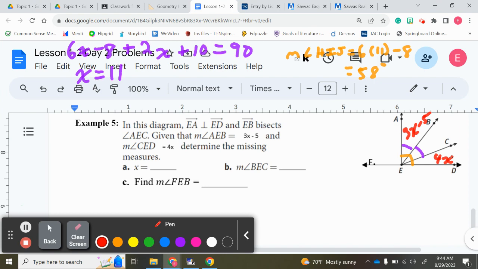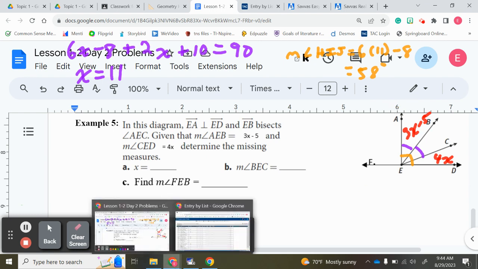Who can tell me? Who sees it? If I know that this whole thing is equal to 90 degrees, AEF would be 90 degrees, and then the BEC would be 3x minus 5.